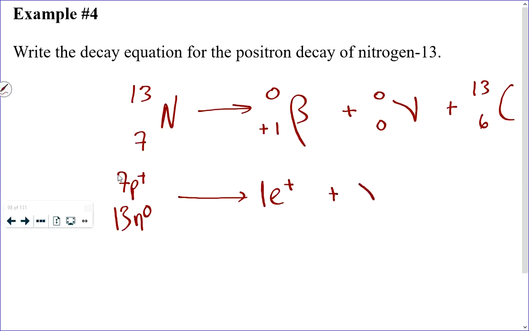Plus we get a neutrino, which has no charge. And then we have, what else? We have 6 protons and 7 neutrons. I've made a horrific mistake over here, haven't I? It's not 13. It's 6. I have to take 13 minus 7 to get the number of neutrons. It should be 6.